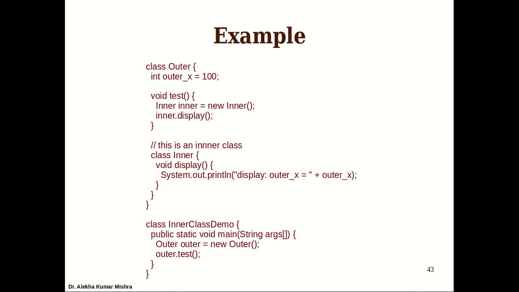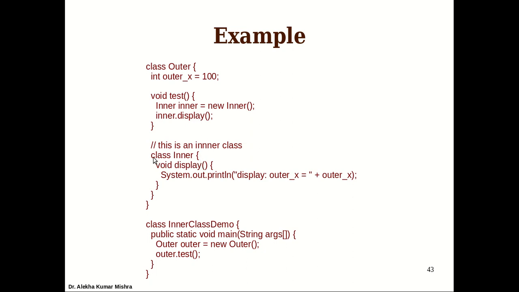So we have the enclosing class, outer, and there is only one member, outer X, which is initialized to 100. We have a method test, which creates an object of the nested class, inner, and invokes the method display defined in it, using that object.